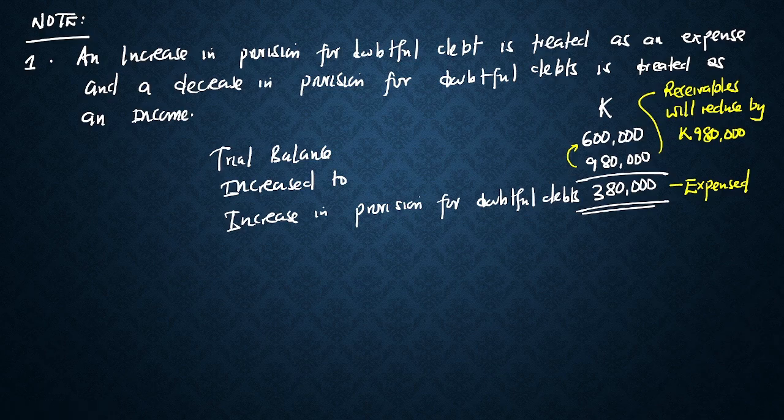It shows that from the list of those whom you are doubting that they're going to pay, some of them have paid, and that's why it has reduced to 600,000. Hence, if there's a decrease in provisions for doubtful debts, that shows that you have received some incomes. So that income that you have received is supposed to be added to your gross profit. I don't know if it's clear.